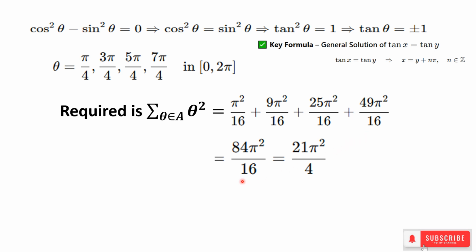Upon simplification, we get 84π²/16. That is 49 plus 25 is 74... adding 9 gives 84π² divided by 16. So finally, upon simplification, we will get 21π²/4, which is the required answer.